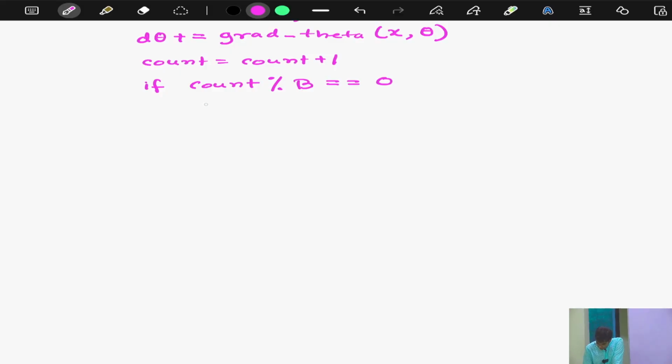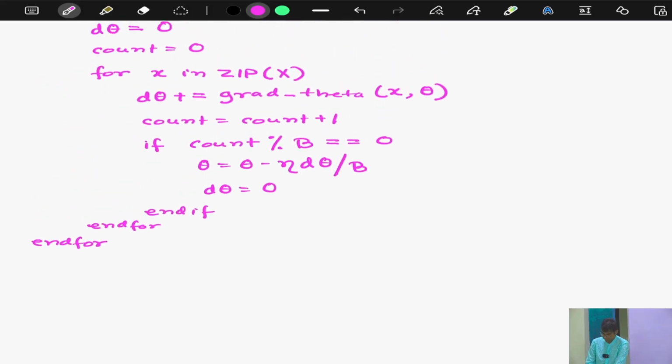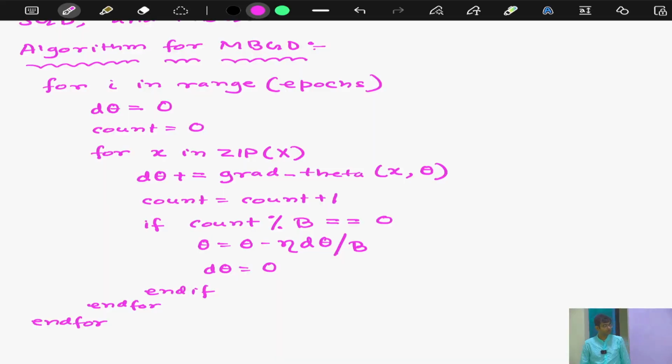So theta is equal to theta minus eta d theta by b, and also because you have updated it, you set your gradient to be equal to 0. So this is your mini batch gradient descent algorithm that we discussed last time around, right.